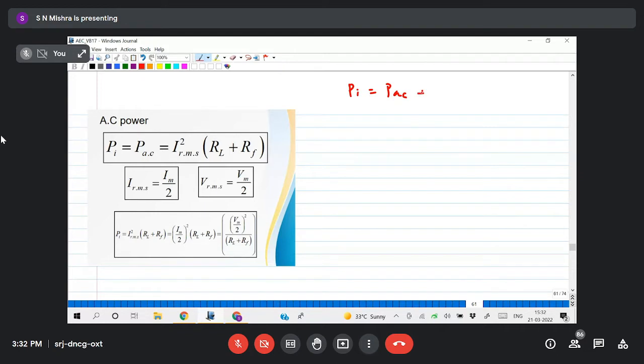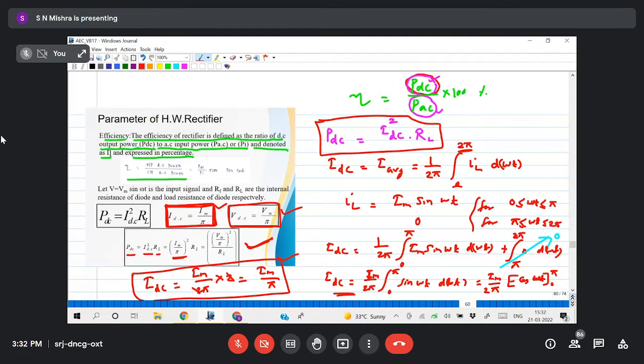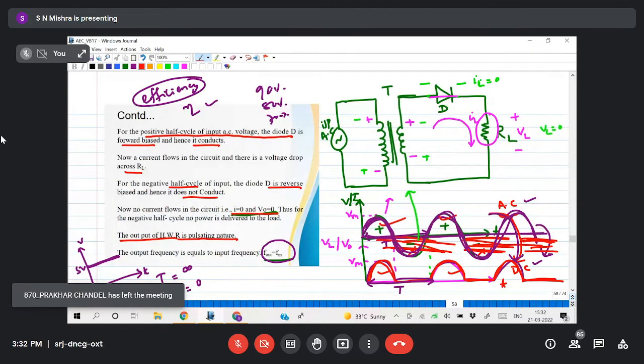So AC input current can be written as I RMS, and if you calculate power, it is the same formula, I square into R. Here, try to understand R. We calculated DC across the load, but for AC, we are giving AC from the transformer, so the current flows through the entire circuit. So the total resistance offered by the circuit is calculated in the AC.